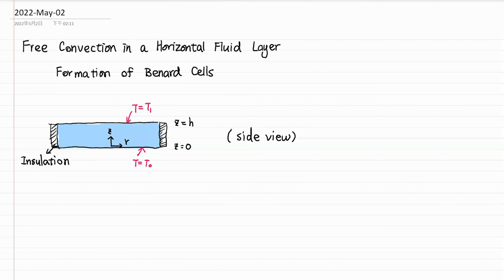But so now the question is, you have a layer of fluid that's sandwiched between two parallel plates. If T naught equals T1, then that means there's no temperature gradient, and that means the fluid layer is stagnant.